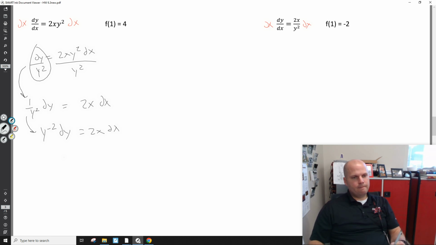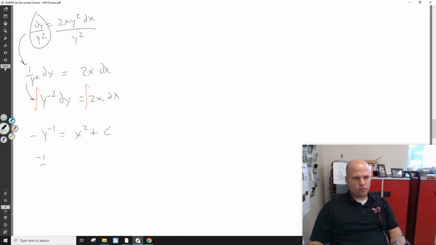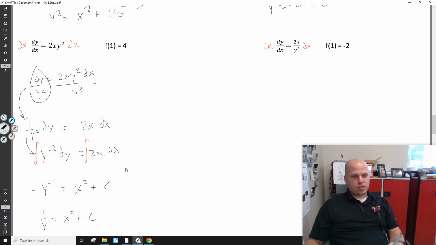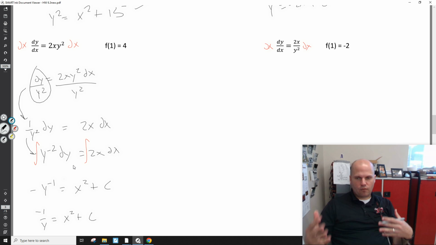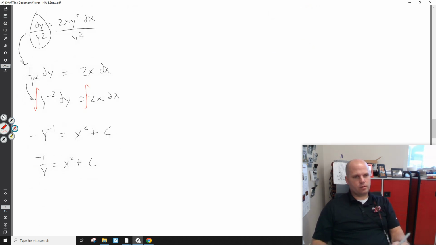All right. Take the antiderivative of both sides. Away we go. I get y to the negative first times negative 1 equals x squared plus c. I will rewrite this as negative 1 over y equals x squared plus c. We can find c now. Find c now if you want to. This is not a bad spot. I could solve for y and then find c later, or I could find c whatever I want to.